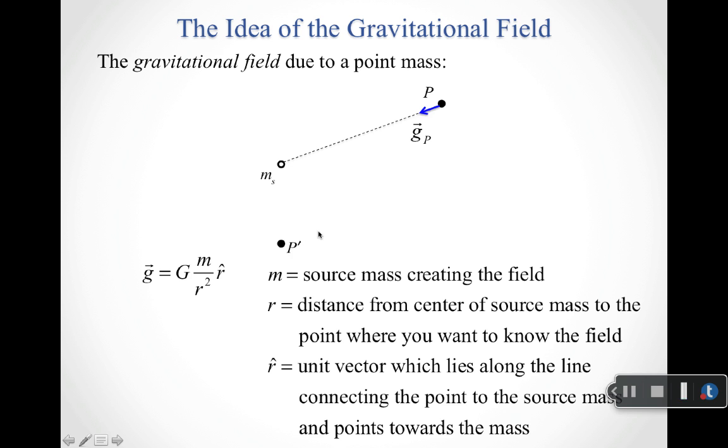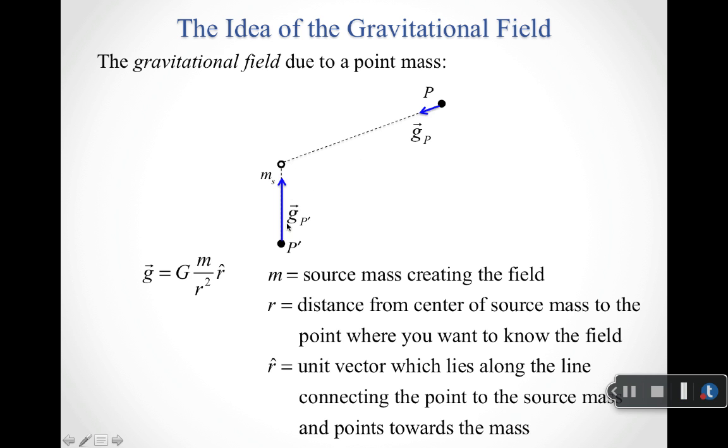And if I move to a different point, say here P prime, again I've got a new line that connects P prime to my source mass. And now I'm closer, so I haven't changed what my source mass is, but because I'm closer, the gravitational field is going to be much stronger.